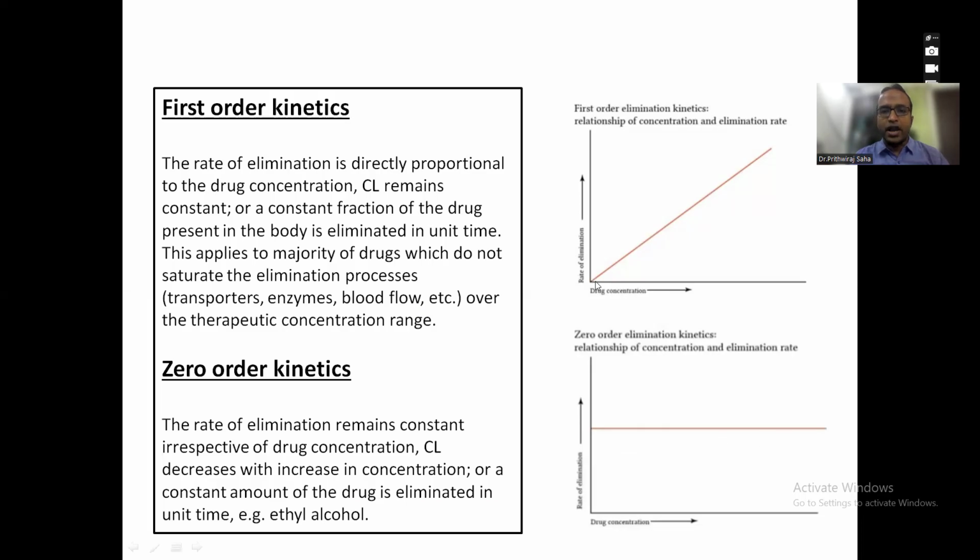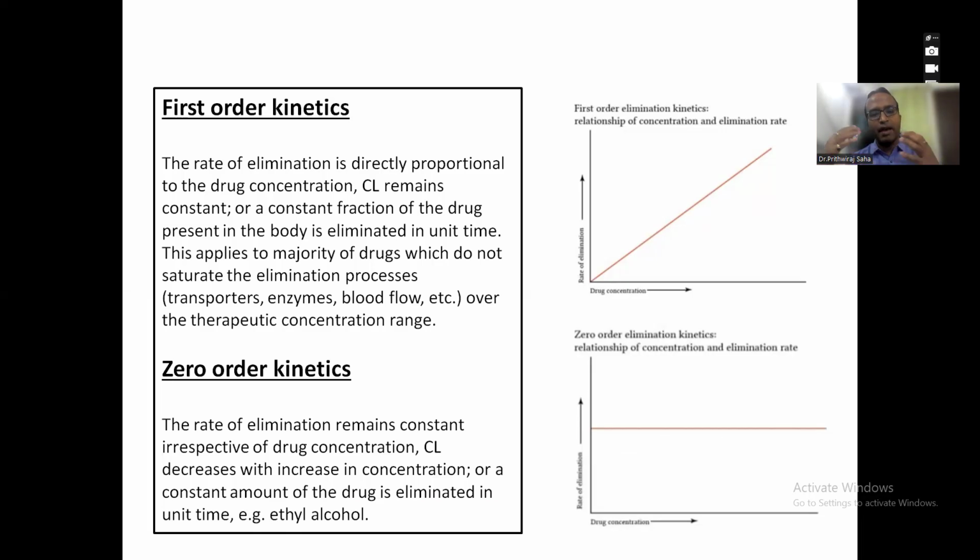But in first order kinetics, which most of the drugs in the ICU follow, there is a linear increase of the rate of elimination with the increase of drug concentration, because the fraction of the drug eliminated is constant.